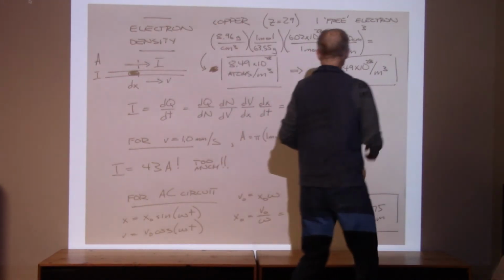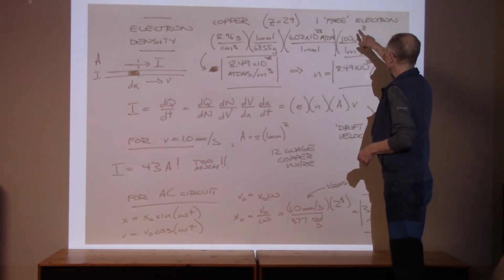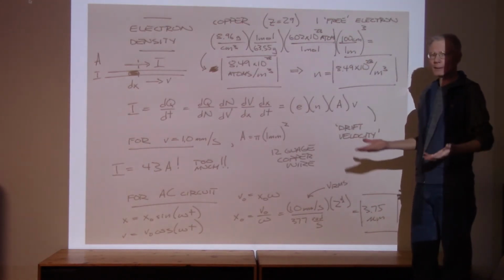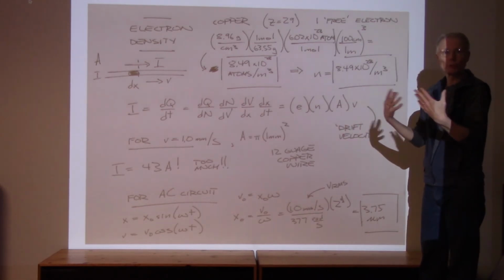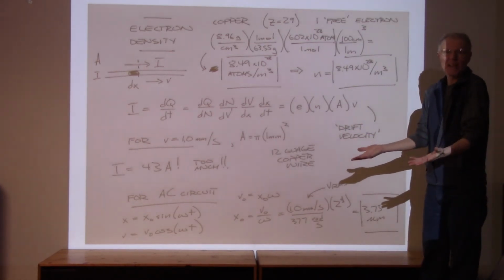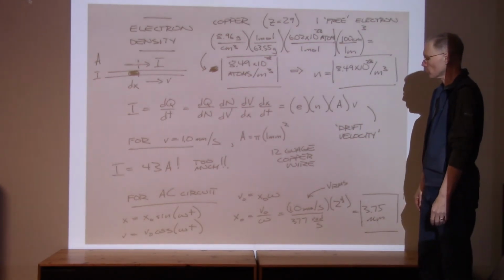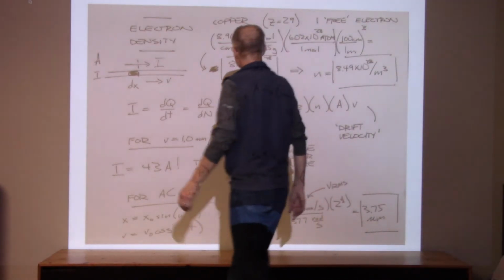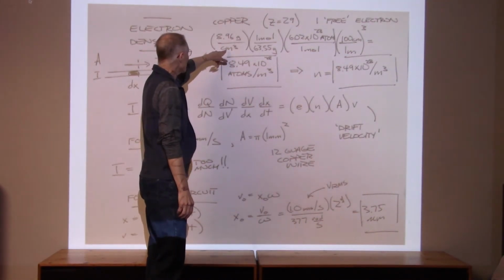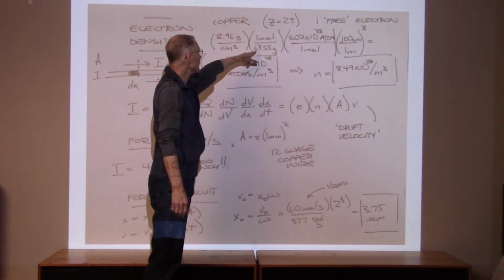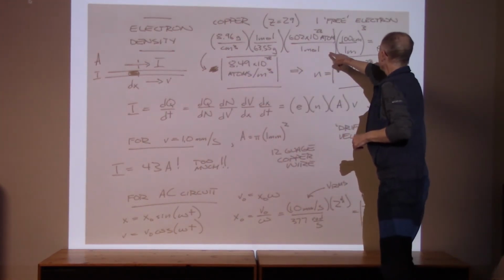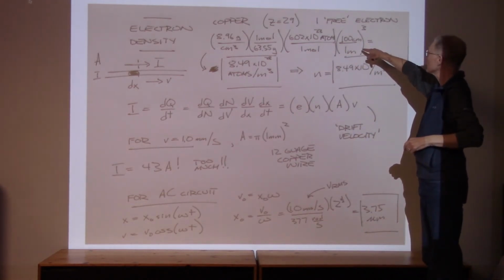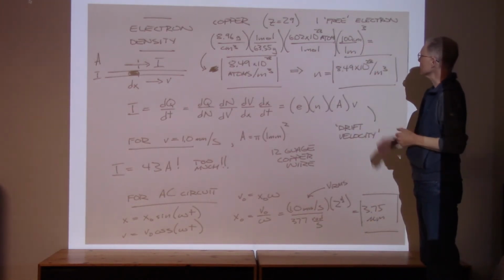So we're not actually counting the total number of electrons. We're counting how many free electrons there are, how many electrons are available to move from one location to another and create the current that we're hoping to create. So I looked at the density of copper and the molar mass of copper, put in Avogadro's number, and did a units conversion from centimeters into meters.